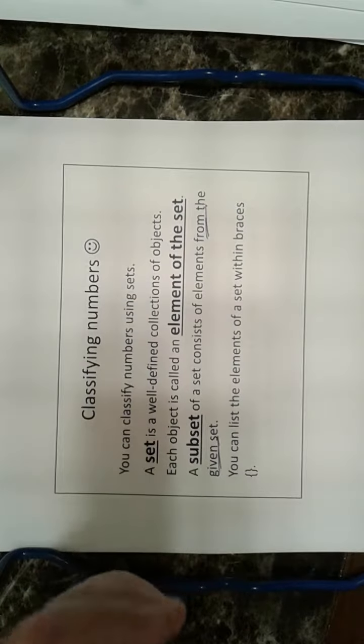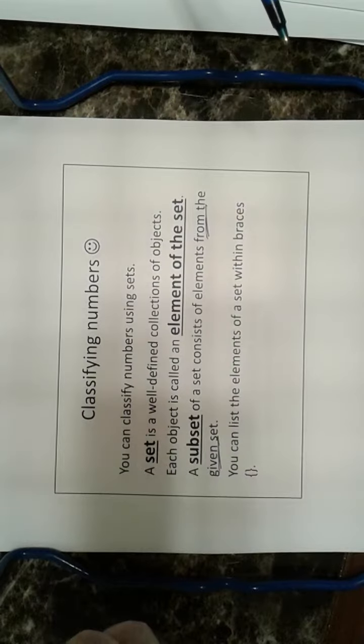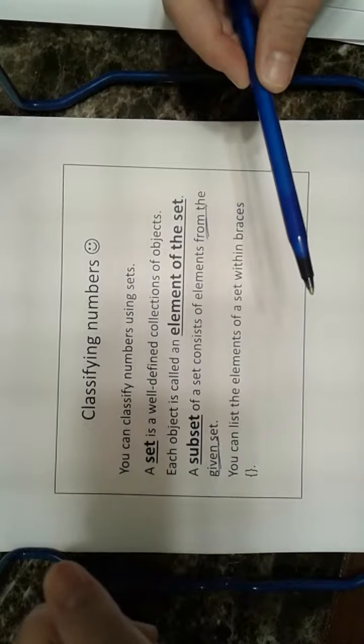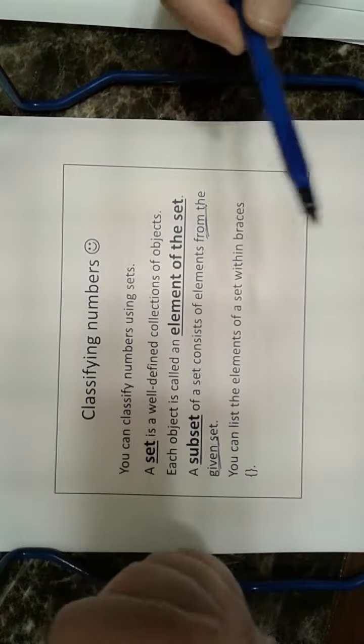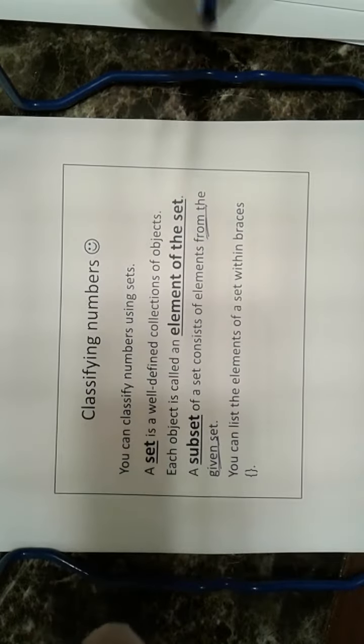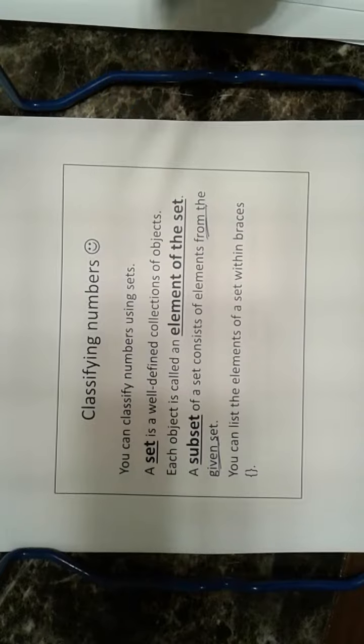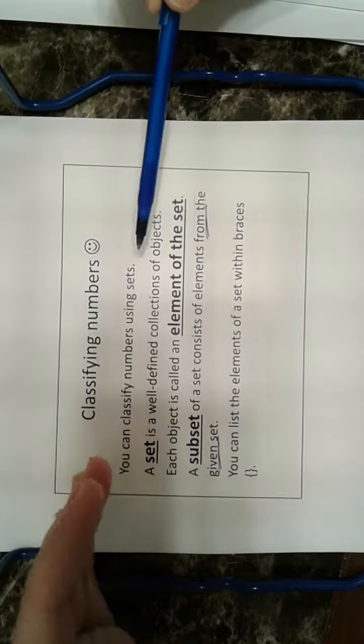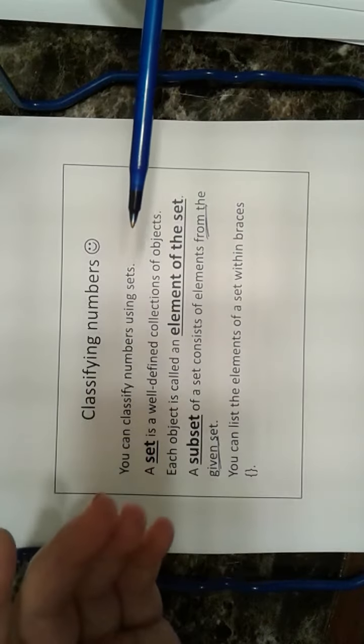I could even say a subset would be the second row of tables, or the third row of tables, or just me. Am I a subset of Block 2? Yeah. I'm part of the class, right? I'm the teacher, but I'm part of the class. So there's tons of subsets within a set.